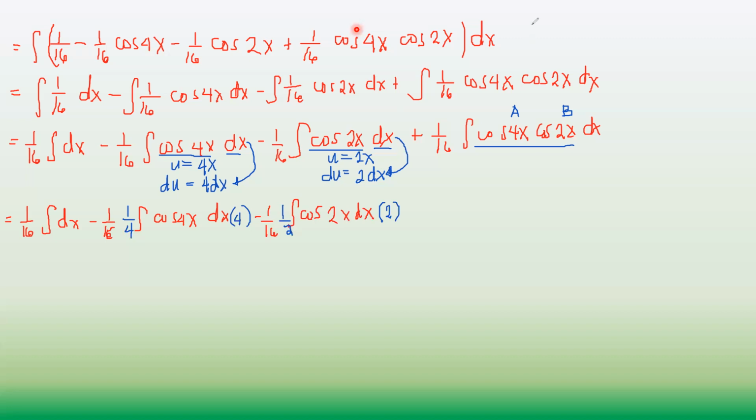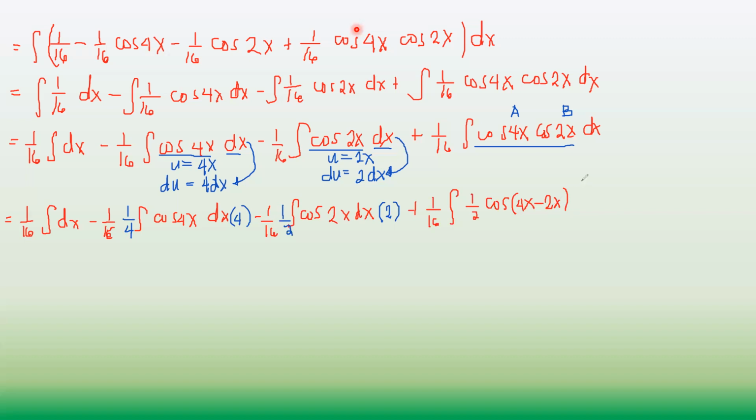Okay. Plus 1/16 times the integral. This is cosine A, cosine B. Papalitan mo iyon ng 1/2 cosine of, una lagi A minus B. So, 4x minus 2x. Diba? Sabi ko doon, pagka magkamukha, ang ipapalit ay cosine.